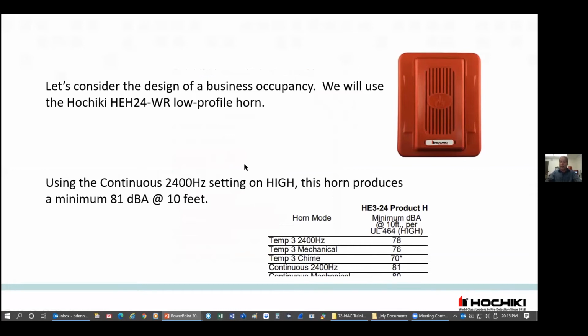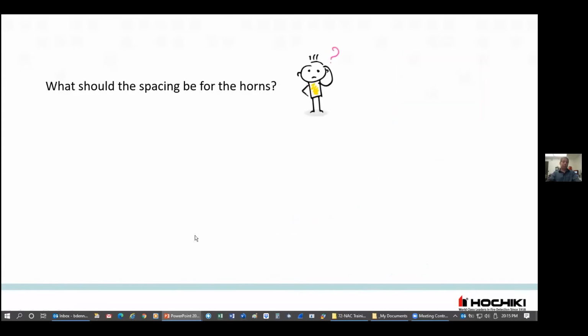If we look at the data sheet, if we use the continuous 2400 hertz setting on high, the data sheet tells us that it will produce at least 81 decibels at 10 feet. So I know how much sound I can get out of this appliance using this particular setting.